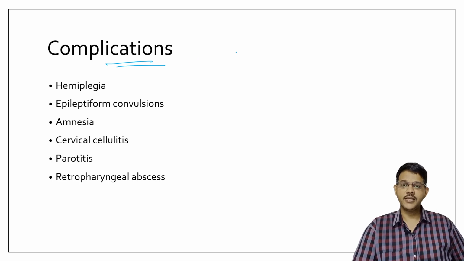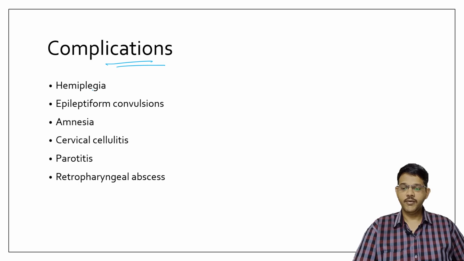If the person survives the hanging, or is treated, sometimes complications may arise. One is hemiplegia, where half of the body may get paralyzed because of nerve damage, as there may be decreased blood supply to one half of the brain.